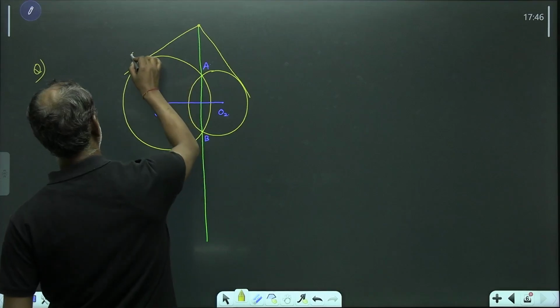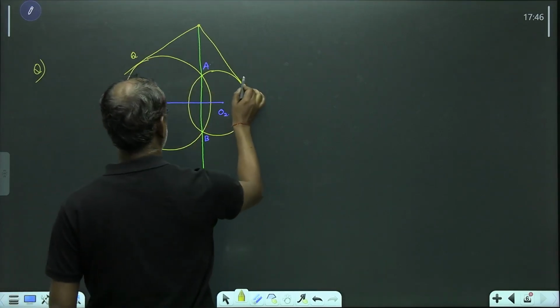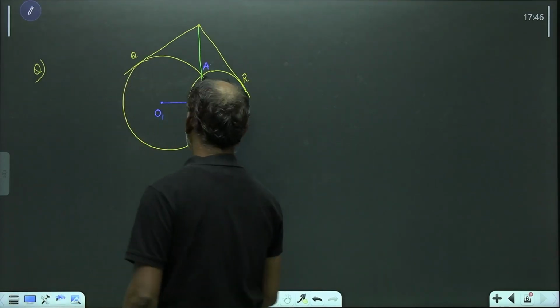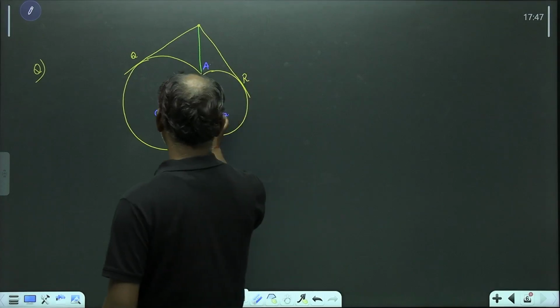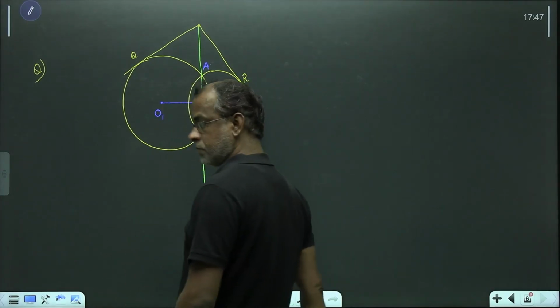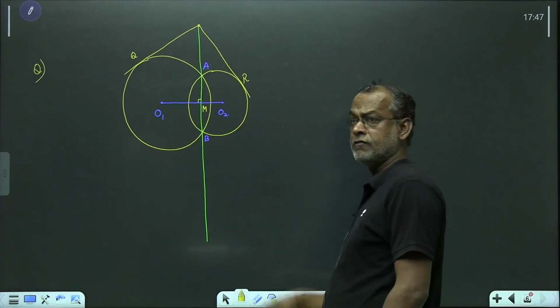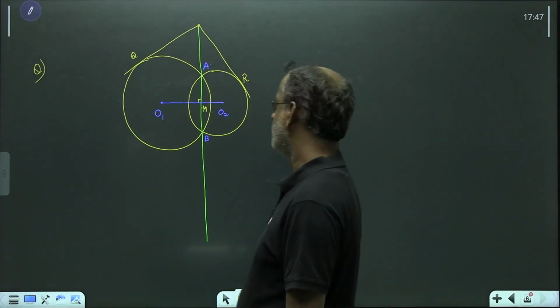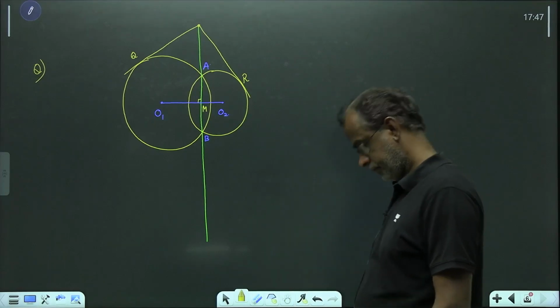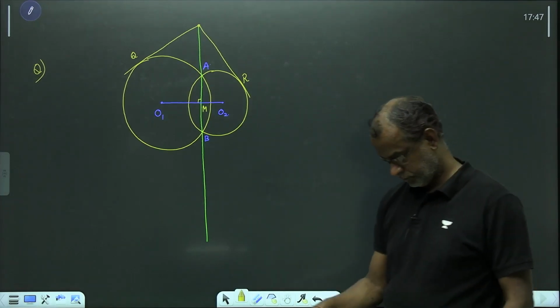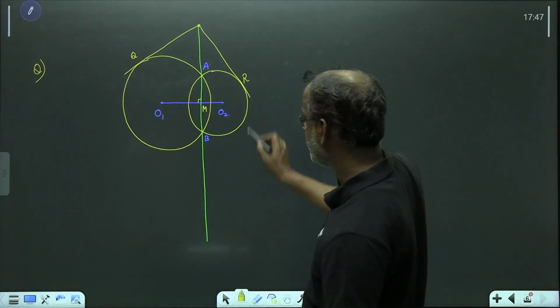So, these points are Q, R, and say this is M. Since it is the common chord, the line joining the centers will be bisecting it. In the diagram, this 90 degree need not be given.